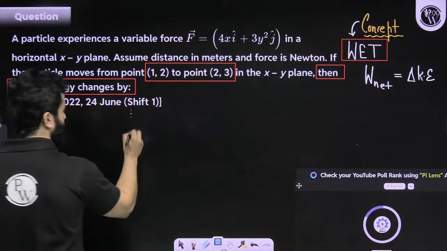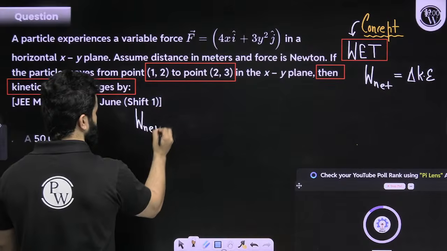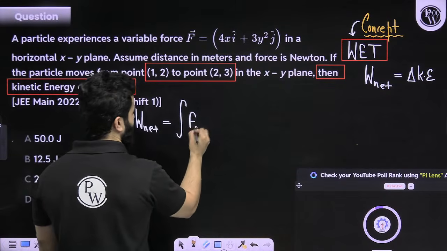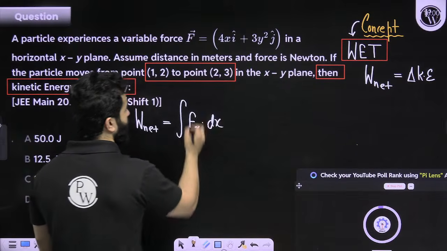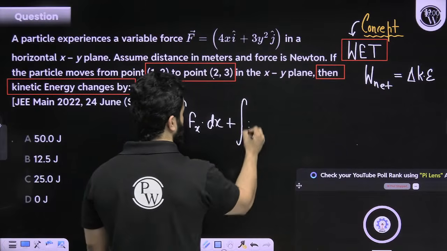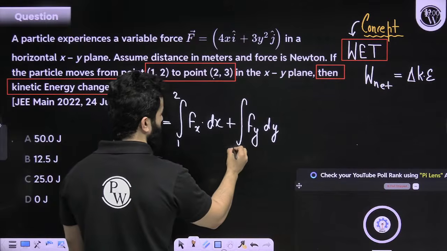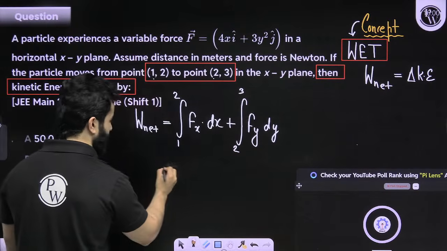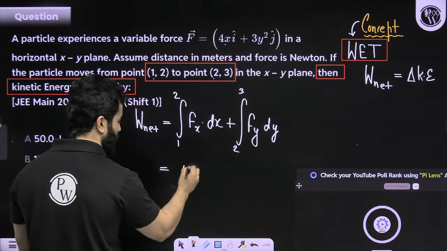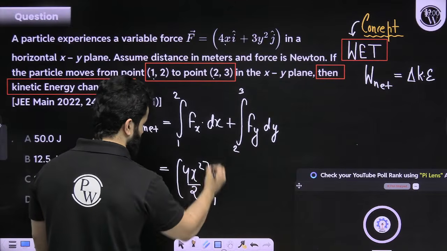So net work done will be simply integration of Fx dx from 1 to 2 plus Fy dy from 2 to 3, and then when you are going to integrate 4x with respect to x, you are going to get 4x square by 2, from 1 to 2.